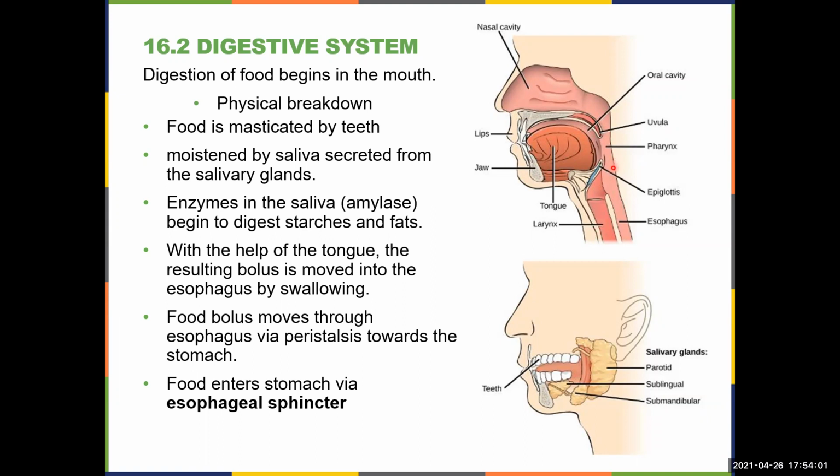Once the food is moved into the esophagus, there are contraction actions that propel the food towards the stomach. And these contractions are called peristalsis. So you can imagine a popsicle, those little frozen popsicles that are in the long tubes.